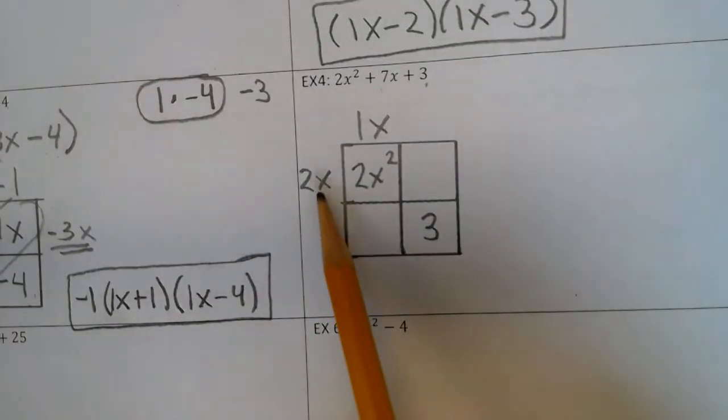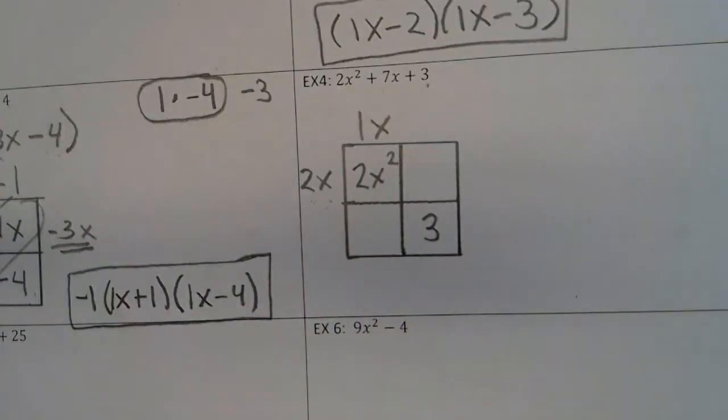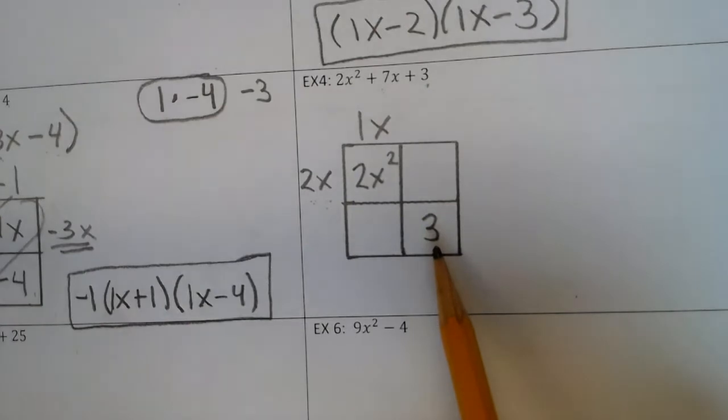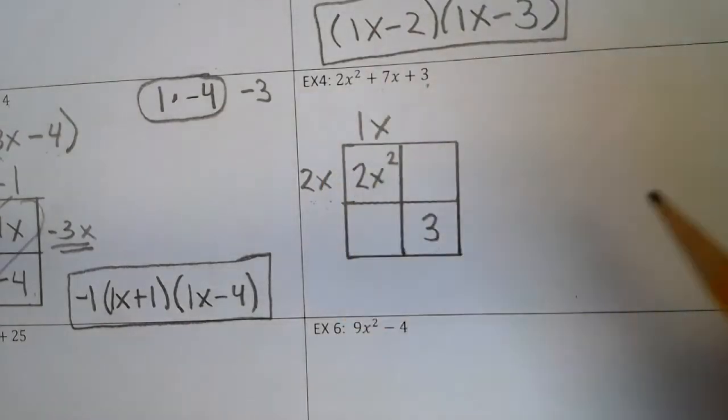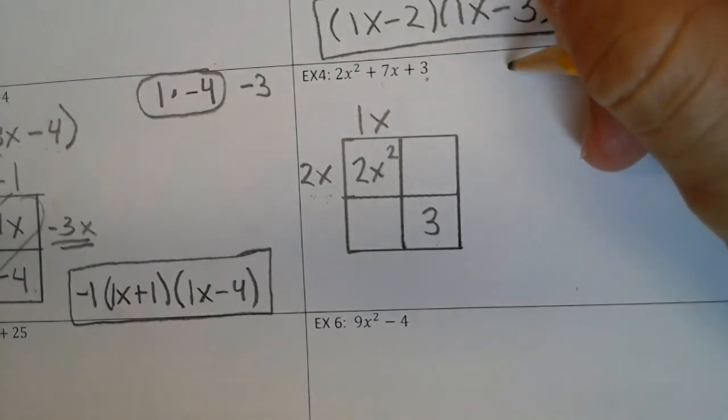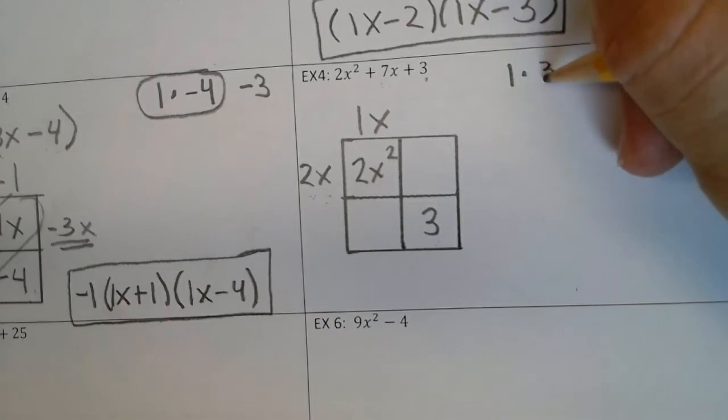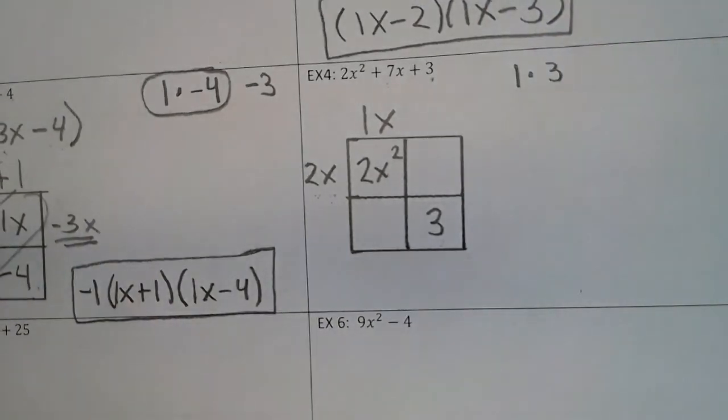Now, because this is a 2 and not a 1, that's going to make this problem a little bit more difficult. Not by much, but just a little bit. Because now we find the factors that multiply to 3, but they have to combine to be 7. So we actually have to do this. We know the combinations are 1 and 3, and I believe 3 and 1.